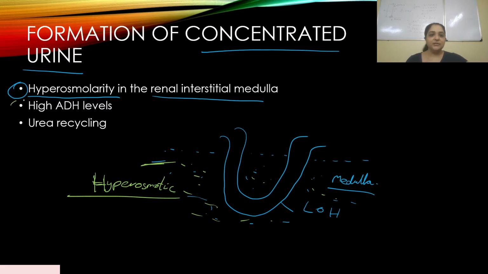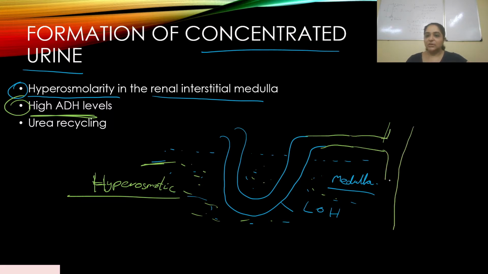The other part is high ADH levels, antidiuretic hormone, which is secreted from the posterior pituitary gland in the brain. When the ADH levels are high, they act on the later distal tubule part. This is the early distal tubule part, then the later distal tubule part, the cortical collection tubule, the medulla collection tubule, and then it forms the collecting duct.